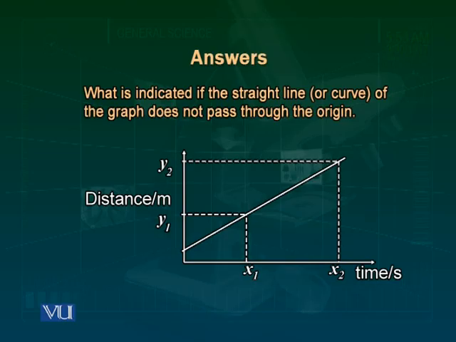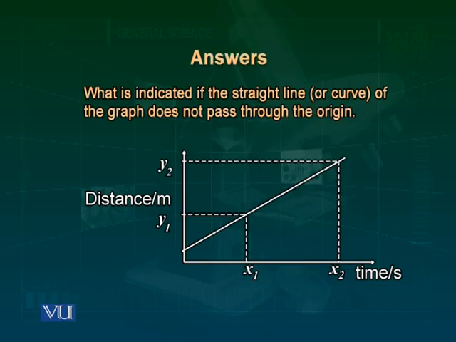So if I'm standing at this point and I have an object which starts, this is a distance it has covered even before I had the stopwatch started. So that would be the initial position. A straight line which does not pass through the origin is in proportion, but it tells us that there was a certain quantity available when we started the measurement.